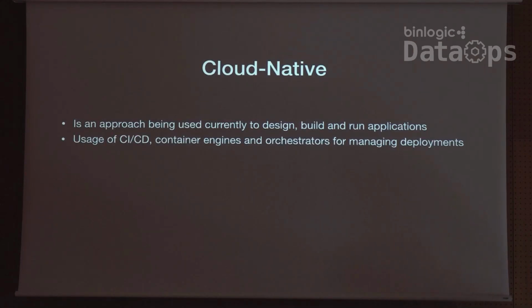CI/CD is very important. Container engines and orchestrators manage the deployments. Delivery is done via these orchestration platforms. No matter which orchestration you're using, you could be using VMware orchestration, Docker Swarm, Kubernetes, any kind of orchestration platform.